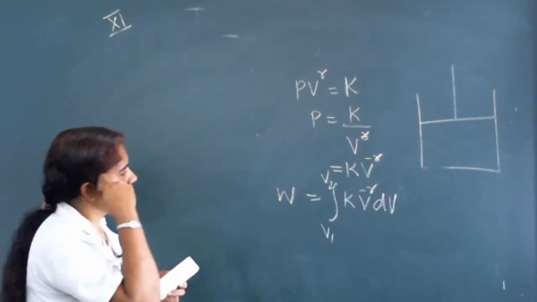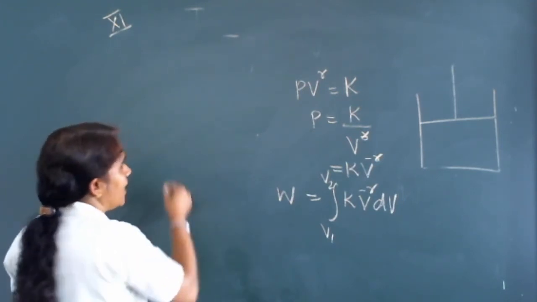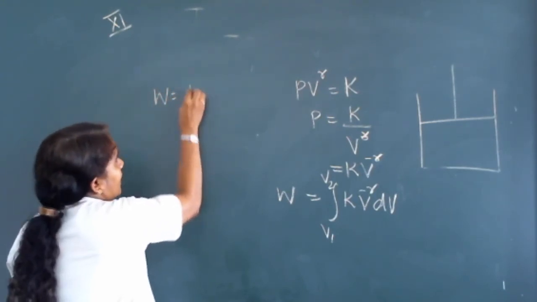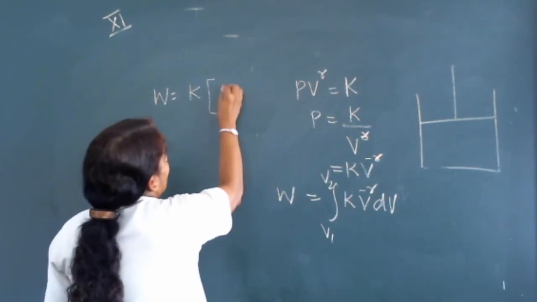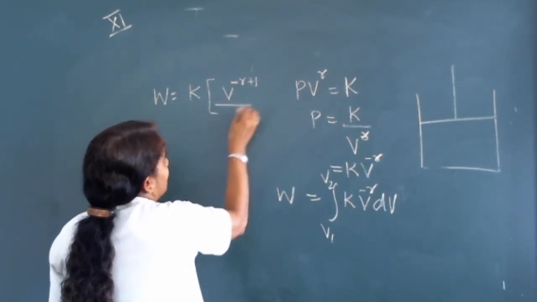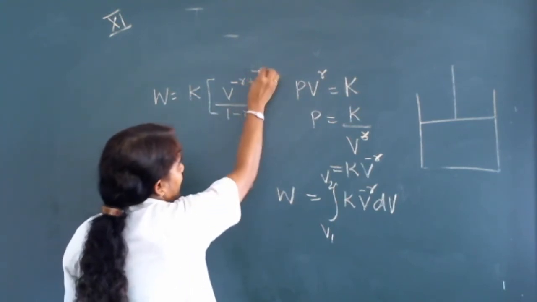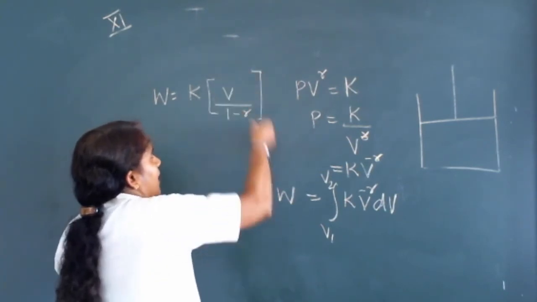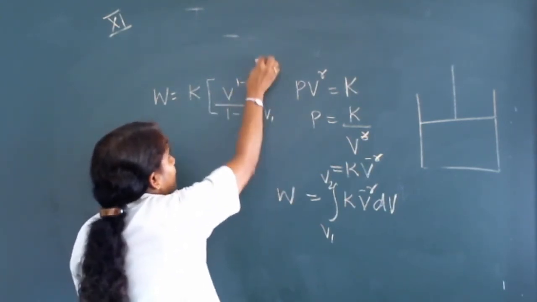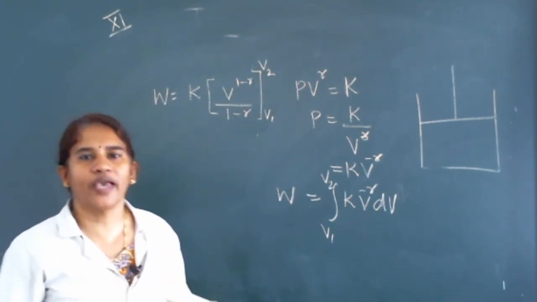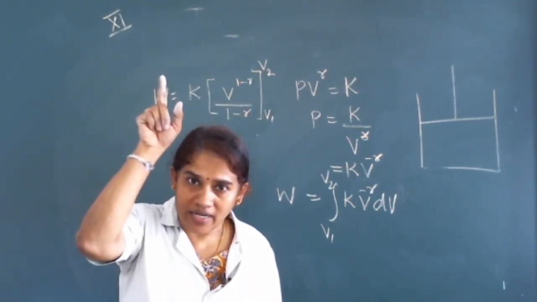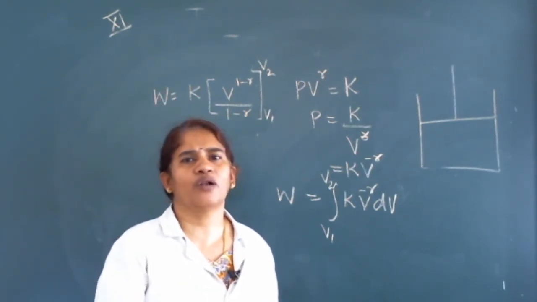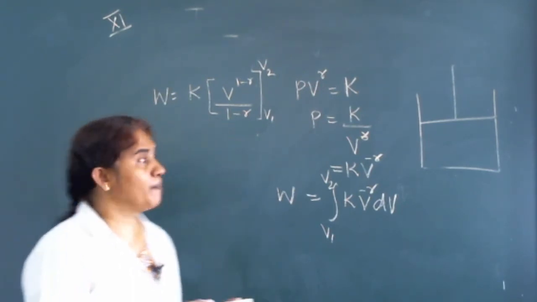So, when we are applying the formula of integration here, work done is equal to the integral, where K can be taken outside. Minus gamma plus 1 can be written as 1 minus gamma in both places: V raised to 1 minus gamma divided by 1 minus gamma, within the limits V1 to V2. Normally, we apply the upper limit first, then the lower limit.